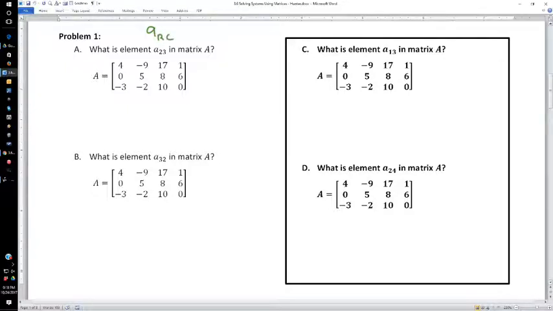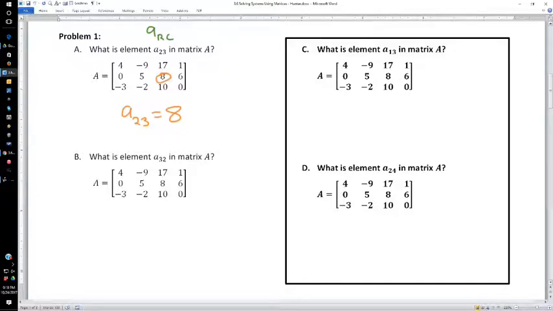So the row is 2, so we'll go to row 2. The column is 3. Go to column 3. That would be 8. So A23 equals 8, because that is the second row of the third column.